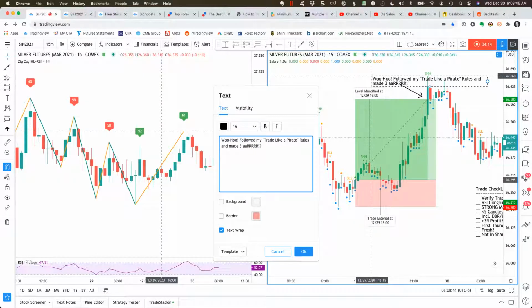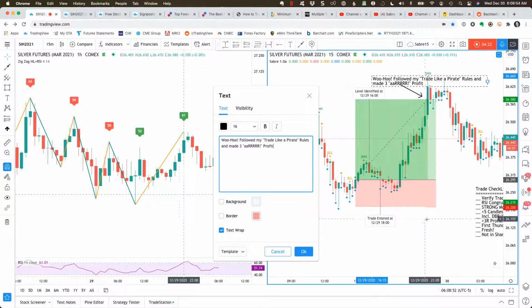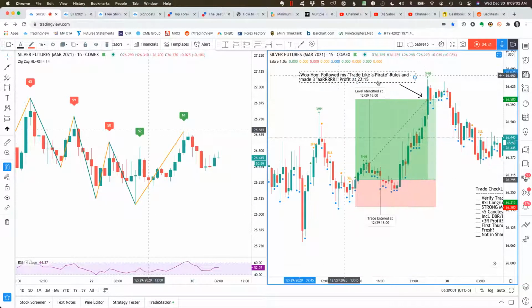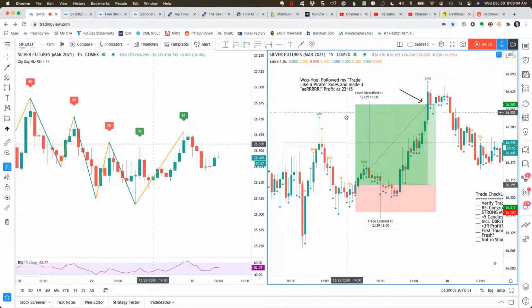R, right? Made 3R profit. And what time was that? That was at 22:15. All right. So having a mixture of these tools is really good too.